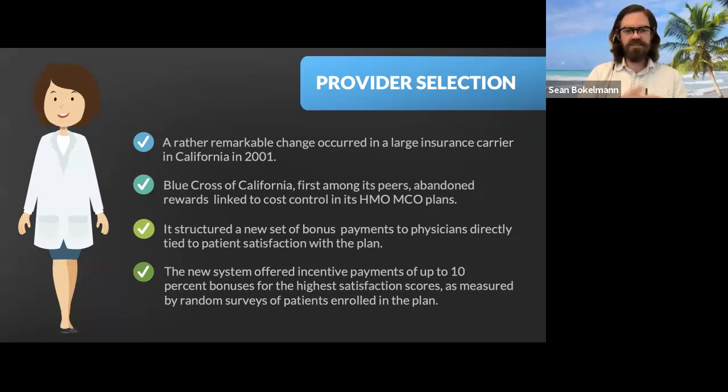Basically, what the new system did was to offer incentive payments of up to 10% bonuses for the highest satisfaction scores, coming from random surveys of patients enrolled in the plan. So that was the mechanism by which they implemented the bonuses, with these surveys.